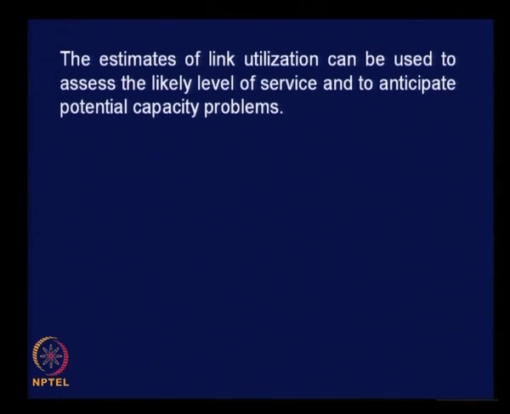Some stretches may be relatively less loaded, that means level of service is better, you can move a little faster. And certain stretches may be heavily loaded, resulting in poor level of service and indicating problem of congestion. All this information you can get after completing the assignment process.